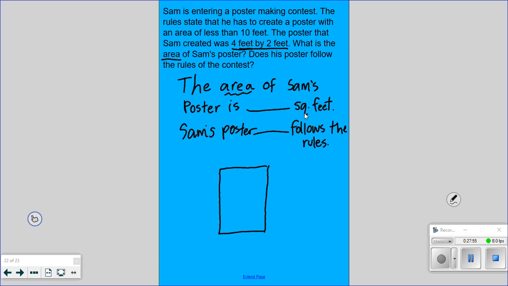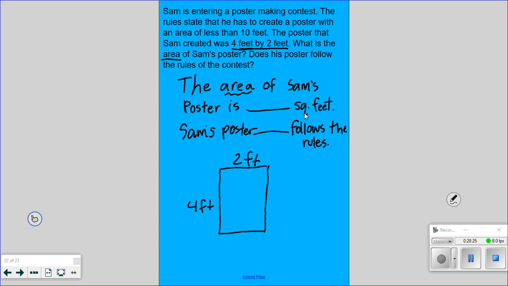You're making a model. And I'm going to label my dimensions. It told me in the problem he has 4 feet by 2 feet. So I've made my poster 4 feet by 2 feet. Could I draw in those squares?